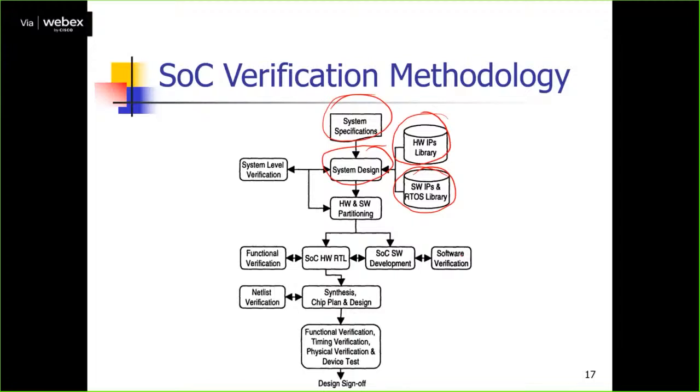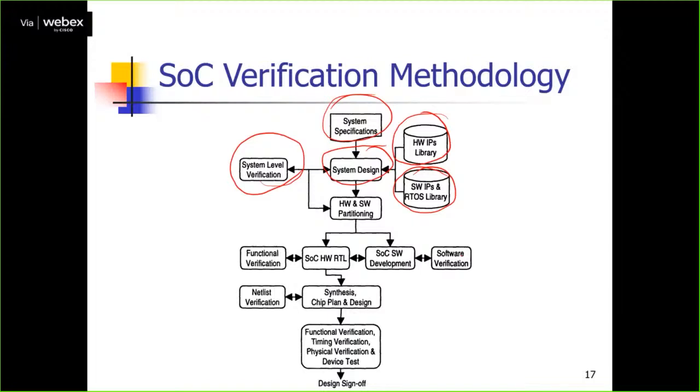That system design will again be partitioned into hardware and software. While doing the system design to partition hardware and software, we take care of the verification that we call system level verification. In system level verification, the whole system will be looked at on a single line and be verifiable.